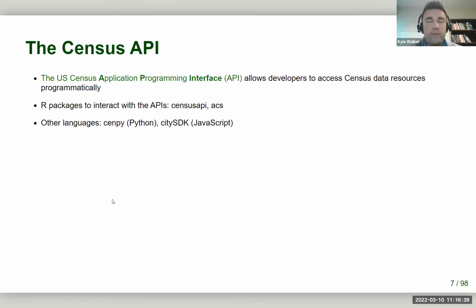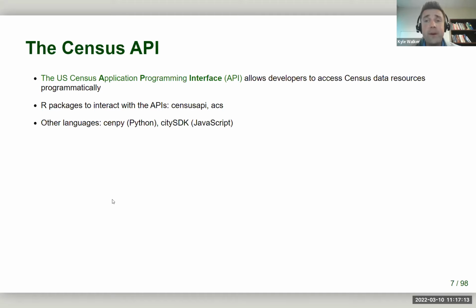It is a wonderful resource. And one of the great things about the API, it's set up to be simple enough that a number of developers working across a number of different software platforms have themselves written software and software packages that facilitate access to these resources. So inside of R, there are multiple packages that interact with the Census APIs. The ACS package was the standard bearer in this area for a number of years.